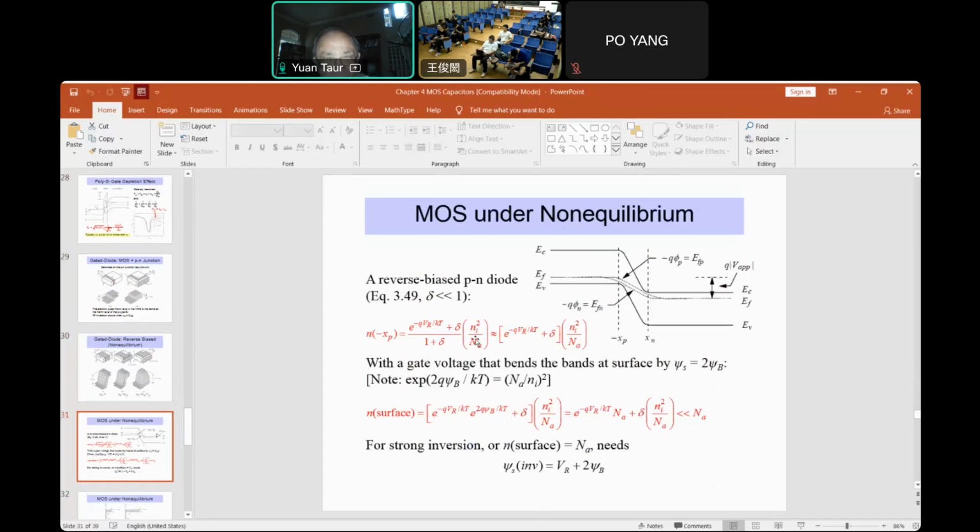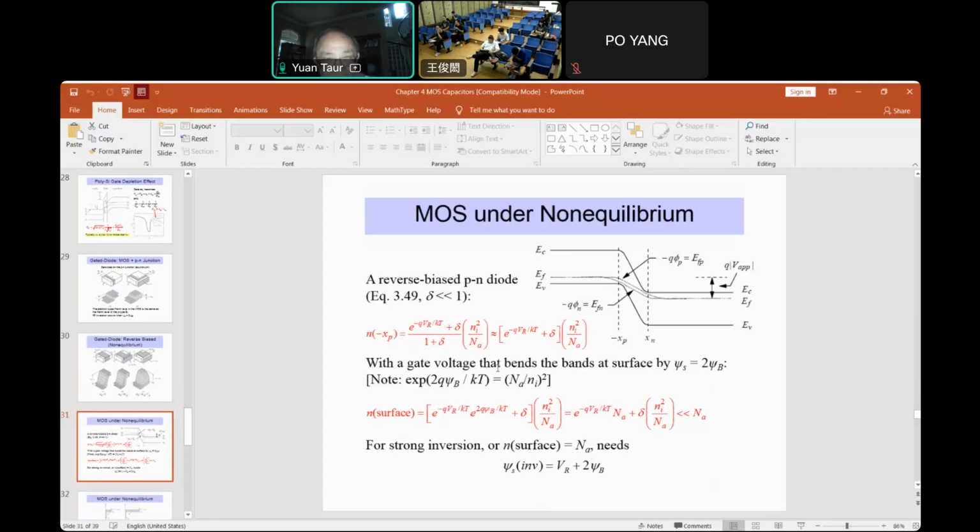It's shown here. When you have a reverse biased PN junction, the electron density on the P side, at minus XP, at the depletion boundary on the P side, is given by that. With a reverse bias, the factor e to the minus QVR over KT comes in. Delta is much smaller than 1.